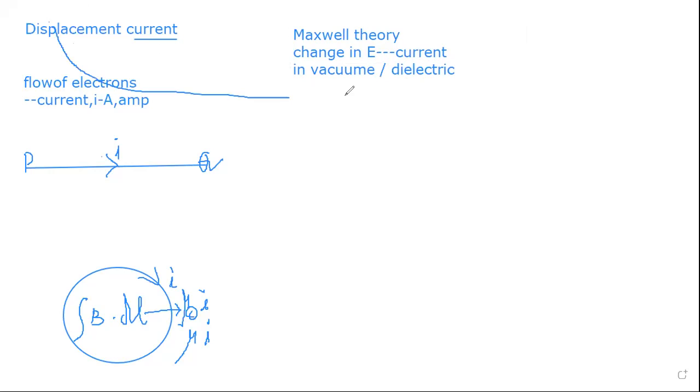So displacement current is this one. There is a difference between displacement current and the constant current.